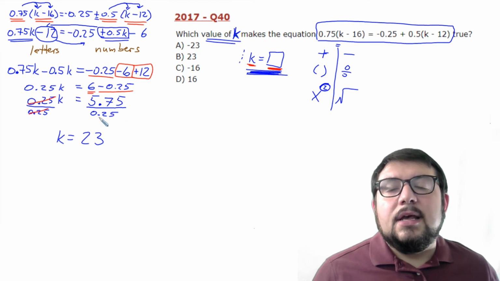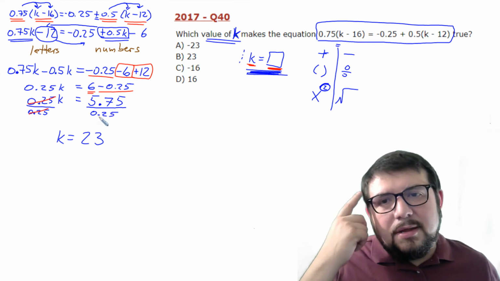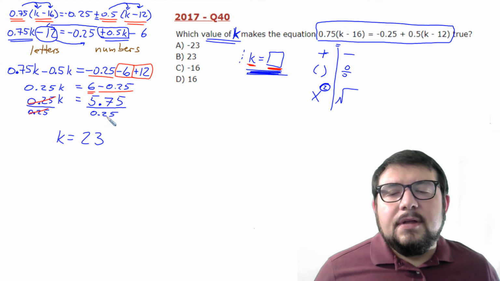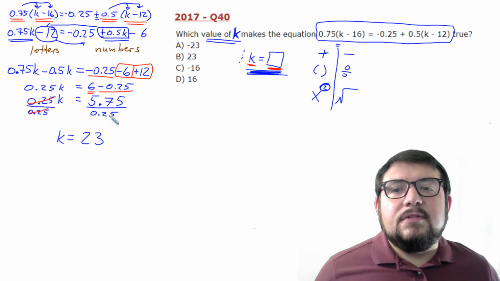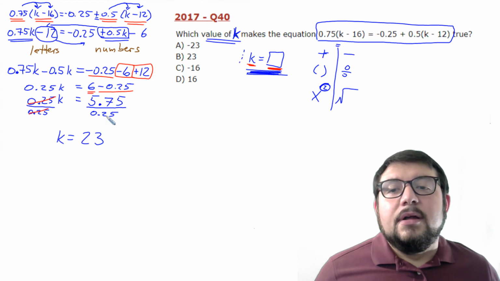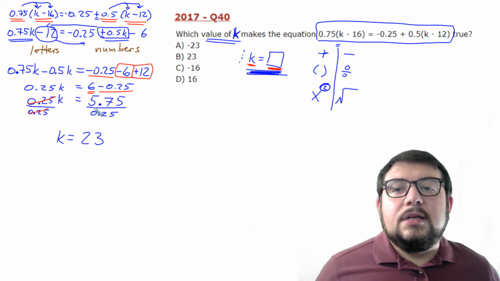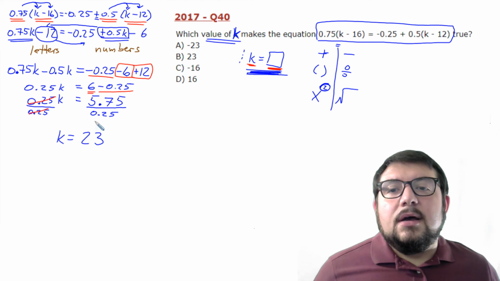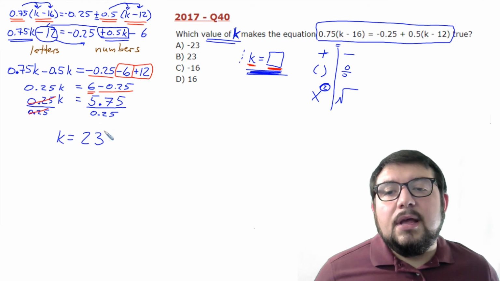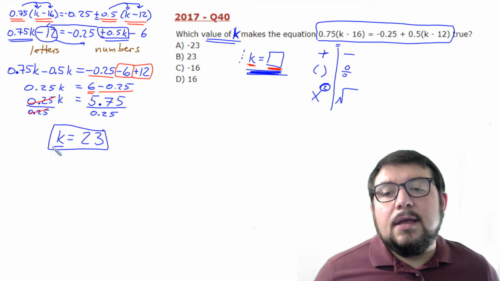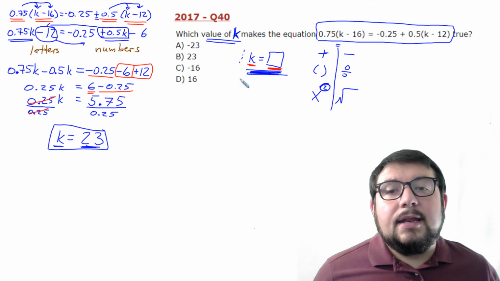That's how I did this easily: I just turned it into money in my head. 0.25 is a quarter, and $5.75 is 23 quarters. What this question is really asking is how many quarters there are. $5 would be 20 quarters, and 75 cents would be 3 more. So 20 plus 3 is 23, and I get a number equals a letter. K equals 23, and that is how I did this problem.